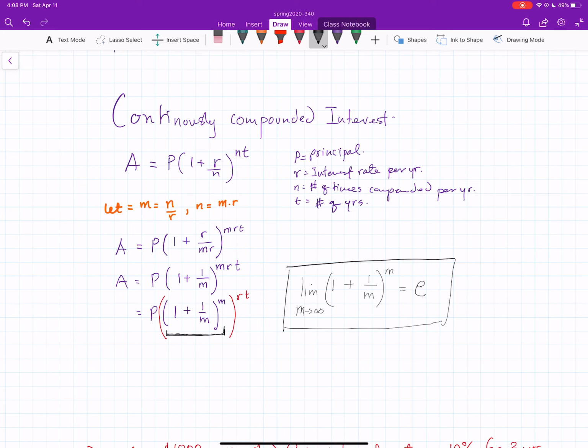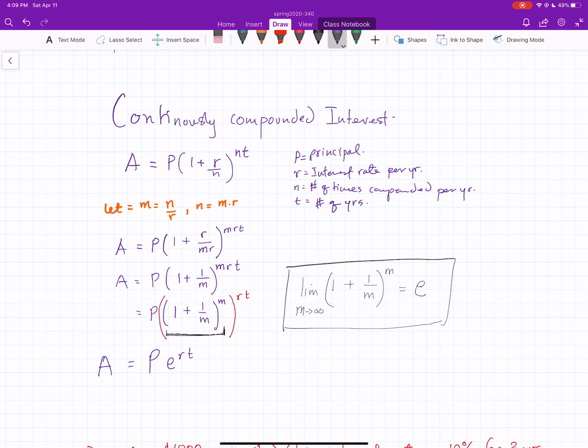So as m becomes bigger, thinking about m as being compounded instantly, you can clearly see that if m went to infinity, that whole expression in the red parentheses will now become e, and the amount is P times e to the RT.